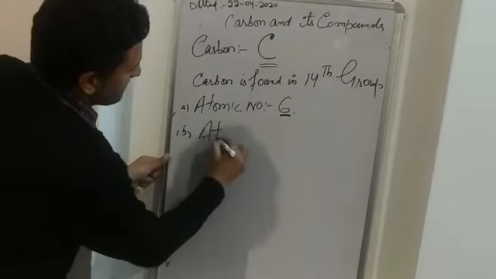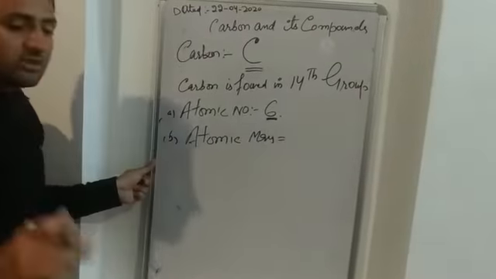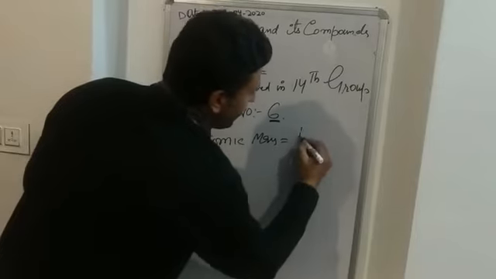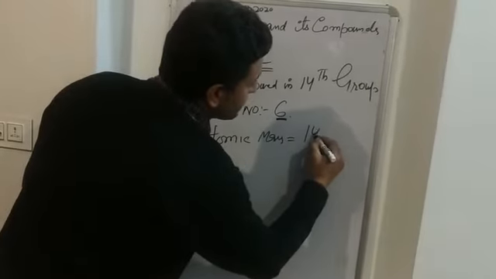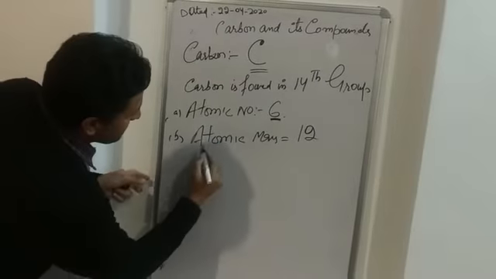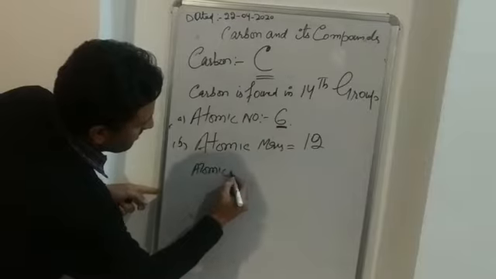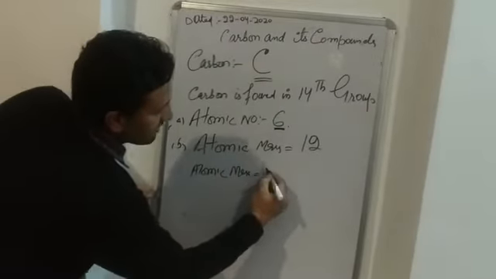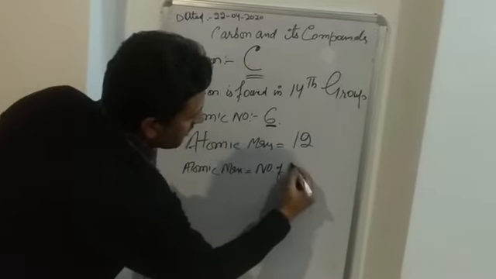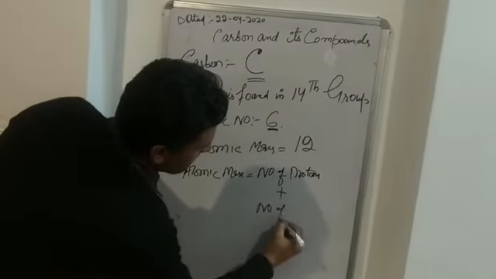Atomic mass. The atomic mass of carbon is 12. What's atomic mass? Atomic mass is equal to the number of protons plus the number of neutrons.